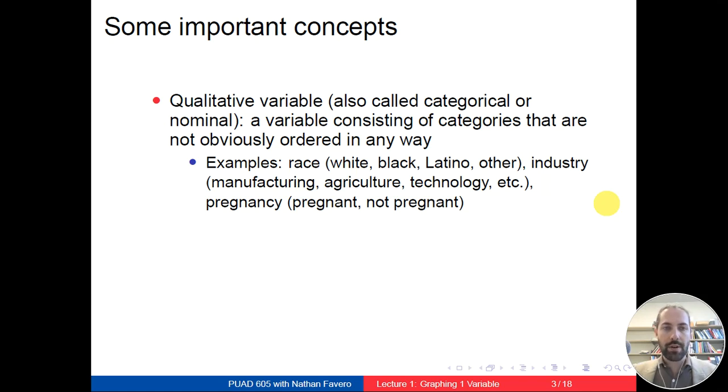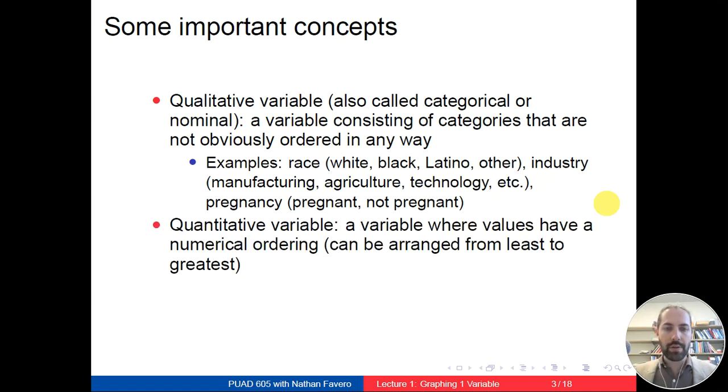Contrast qualitative variables with quantitative variables, which are variables where values have a numerical ordering. In other words, we can arrange them from least to greatest. What are some examples of that? Things like age, income, education level, right? We can say that one person is younger than the other person. In other words, we can talk about least to greatest.